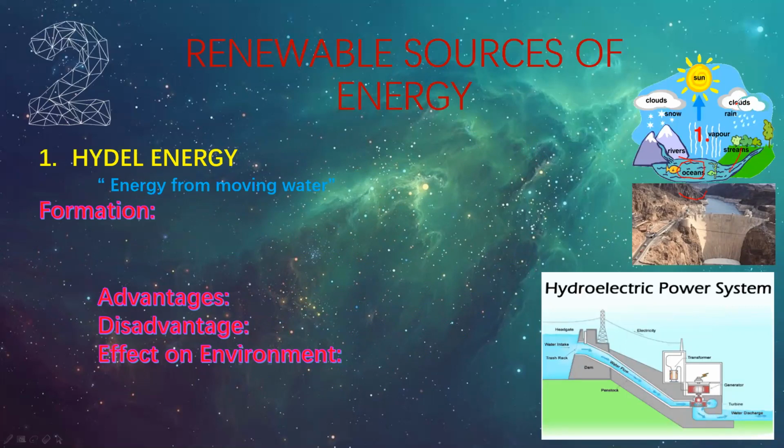Then the clouds in turn change into rain, and the water comes down again. Look, the mountains, and everywhere you see the snow, then the snow melts again and becomes water. And when this water arrives, it is collected in dams. Here you see, dams are being constructed.